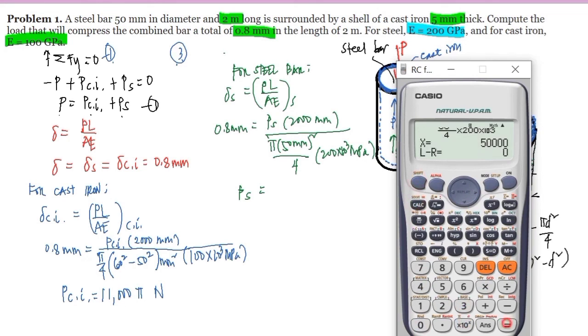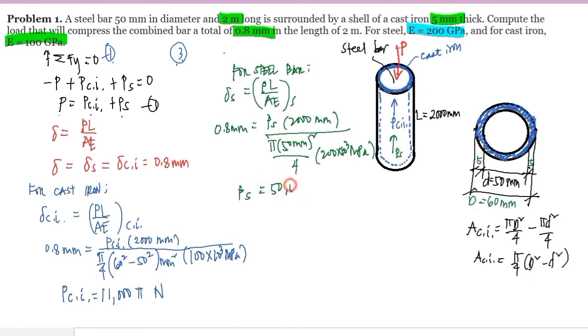Shift solve equals, and that would give us 50,000 pi. So we have here 50,000 pi, and your unit here is Newton.